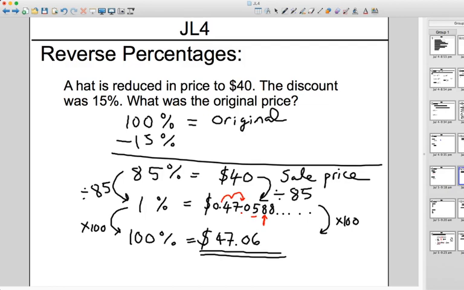So there's a rule in math that if you have a number that's bigger than 5, it will round the previous number up 1. So the 5 will become a 6. If that 8 was a 4, so say it was 0.54, because the 4 there was less than 5, it would stay as 5. So that's basic rounding. 47.06.